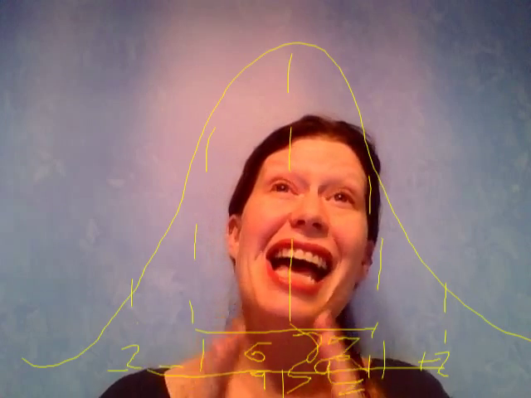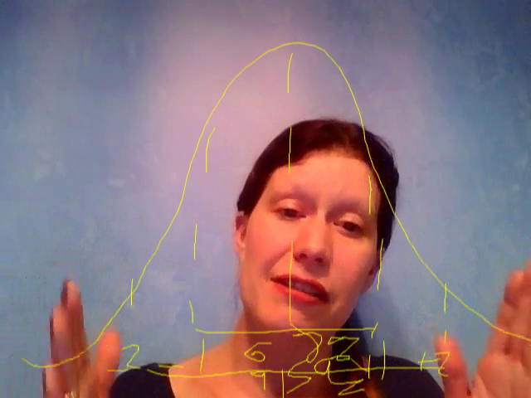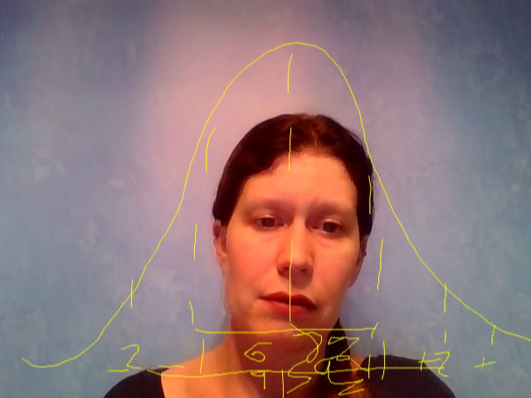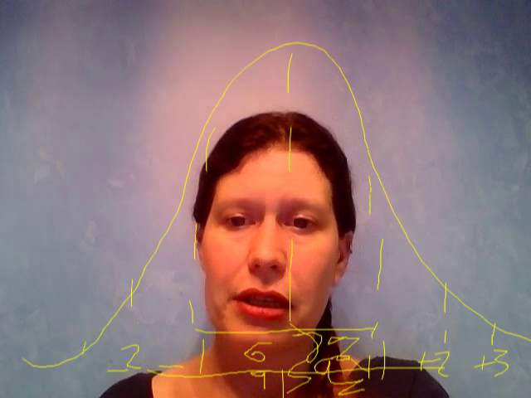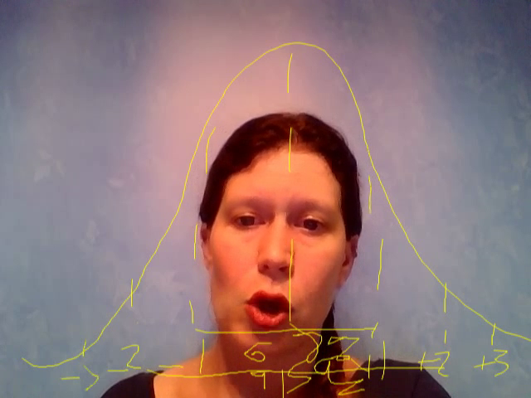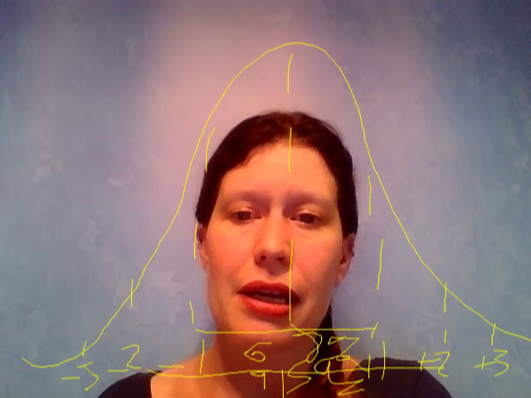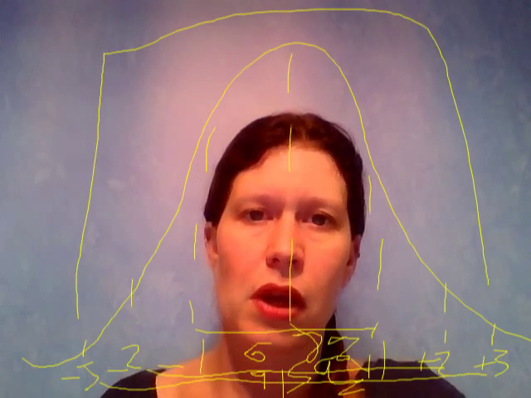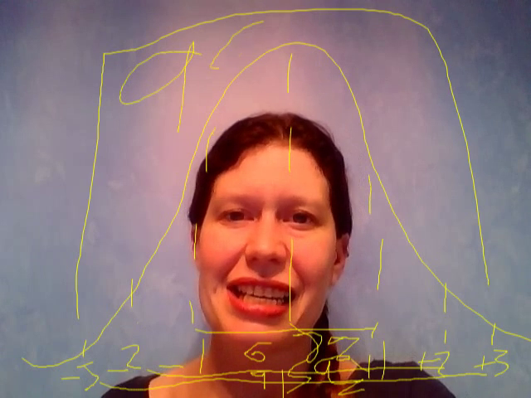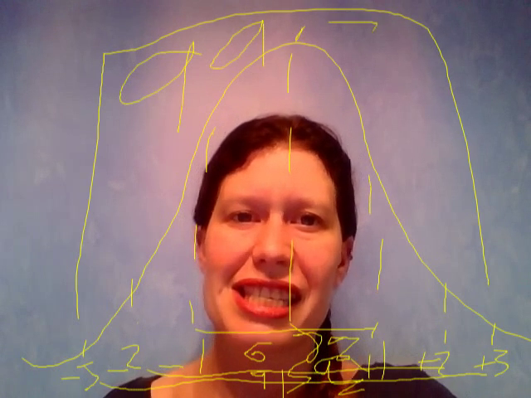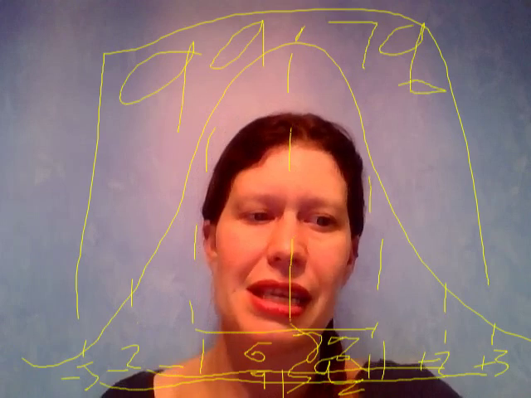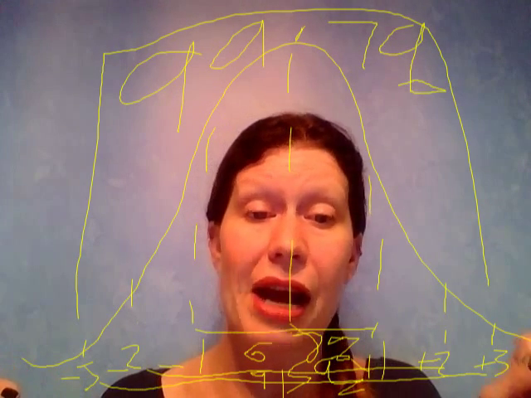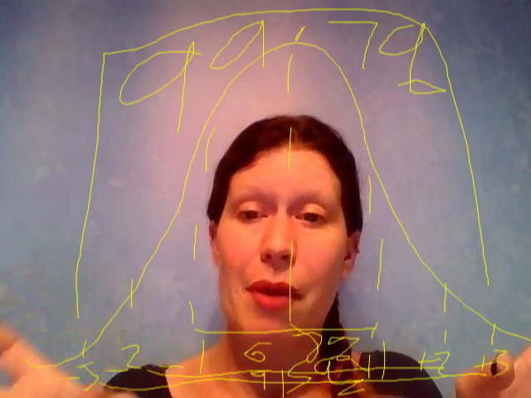If you go an entire another standard deviation away on each side, we come out here to +3 and out here to -3. Between these 2 lines, there is now a total of 99.7% of the data. That's a lot of the data. Very little outside of +3 and -3.